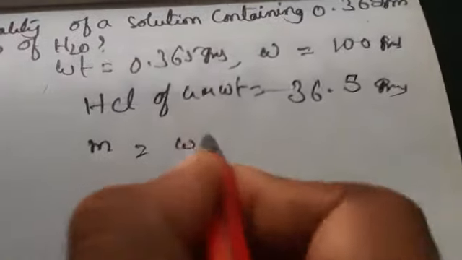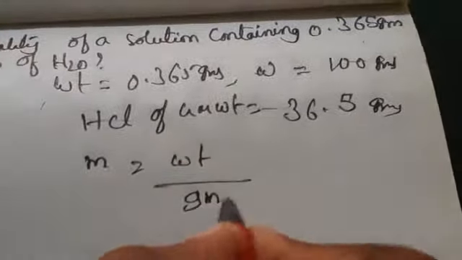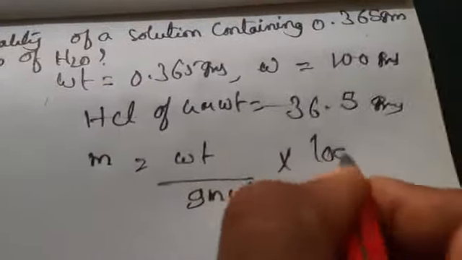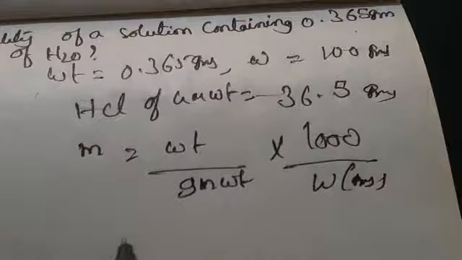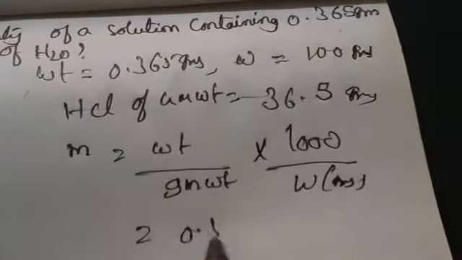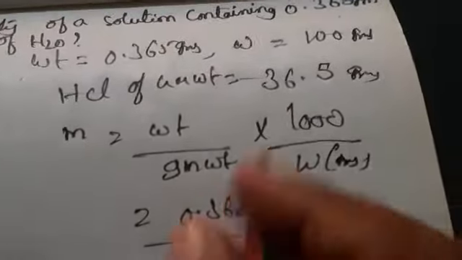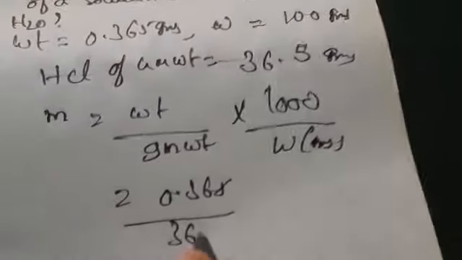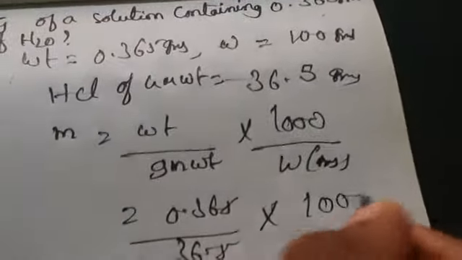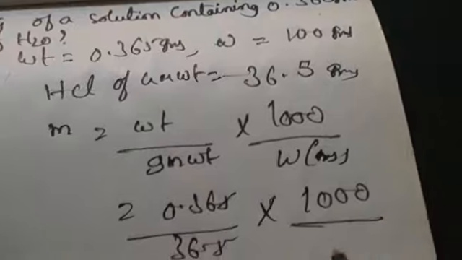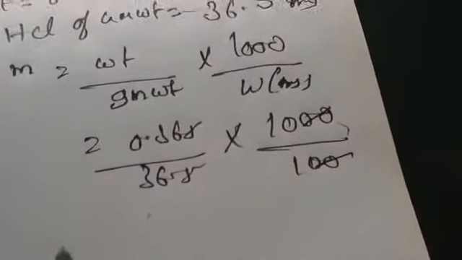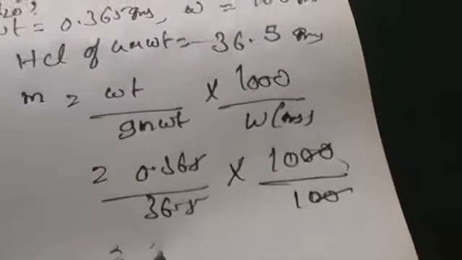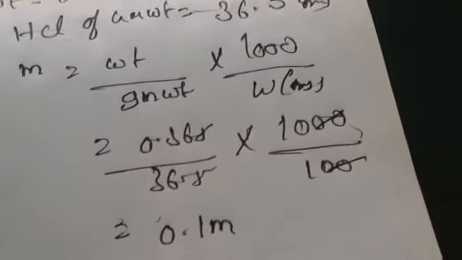Now, what is the formula of molality? Weight by gram molecular weight into 1000 by capital W in grams. The weight he has given is 0.365, the gram molecular weight is 36.5, and 1000 by capital W, which is 100. Zeros cancel. By calculating this one, you will be getting 0.1 molality here also.